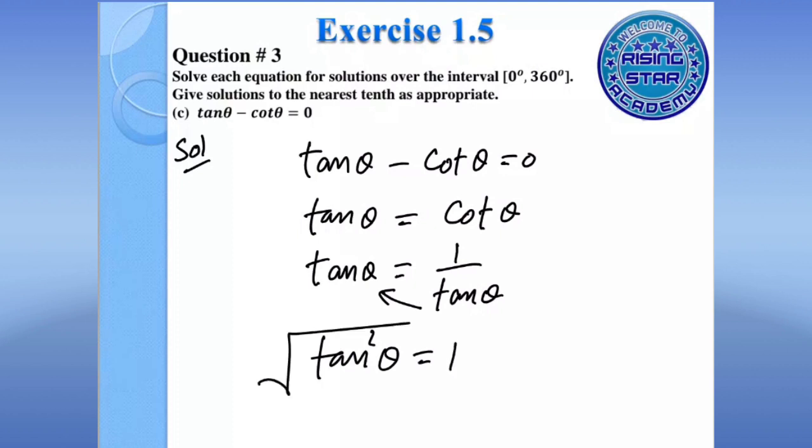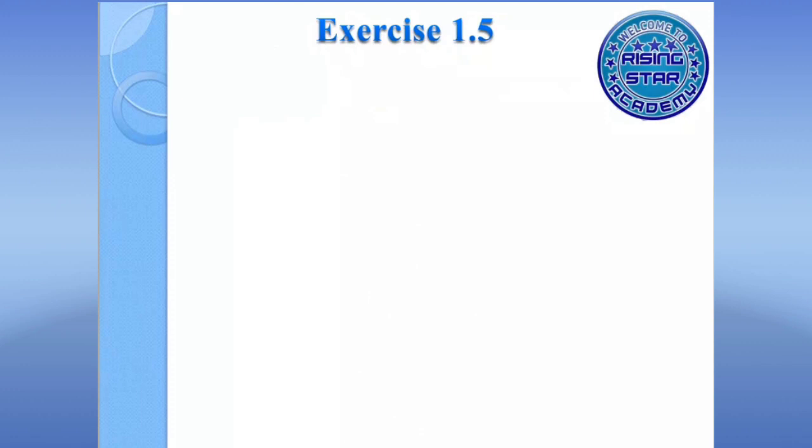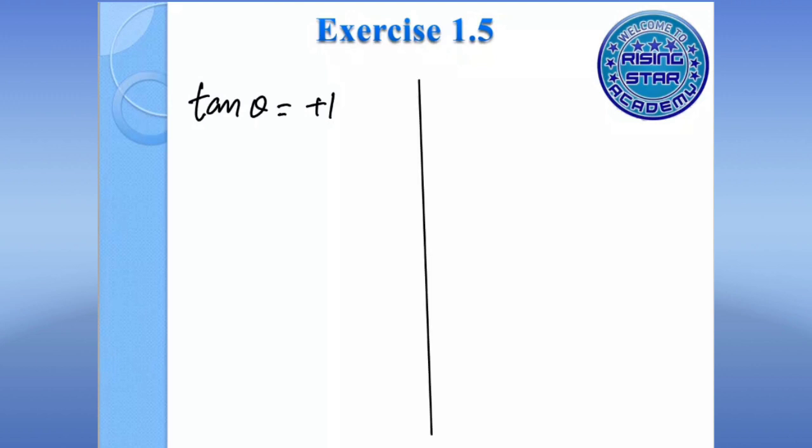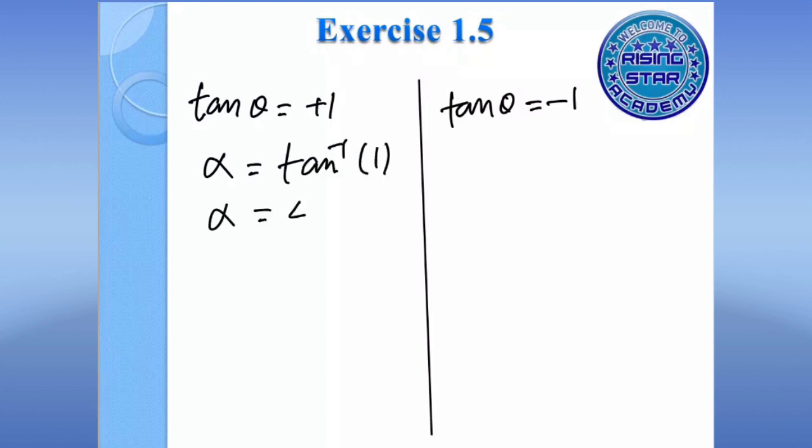Now we'll take the square root on both sides, so we have tan of theta equals plus minus 1. Now I will simplify. First I will simplify for tan theta equals plus 1, and on the other hand we will find tan theta equals -1. So we will find the basic angle, tan inverse of 1. The alpha would become 45 degrees in that case.